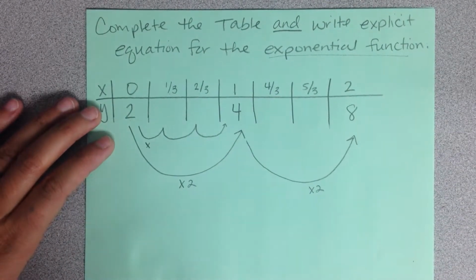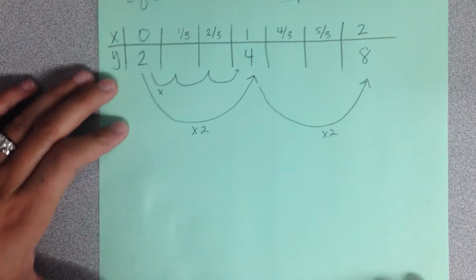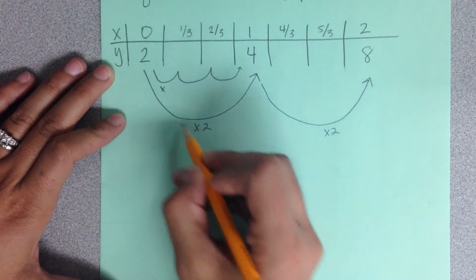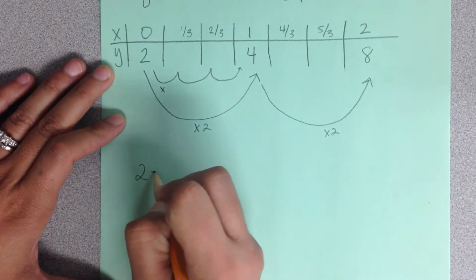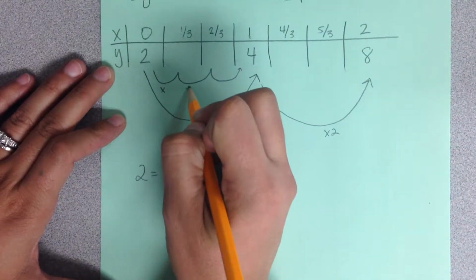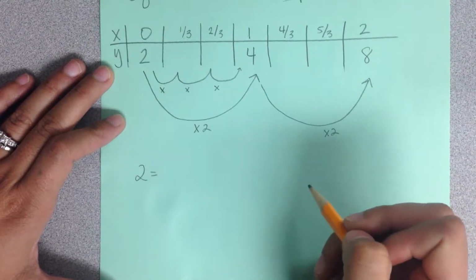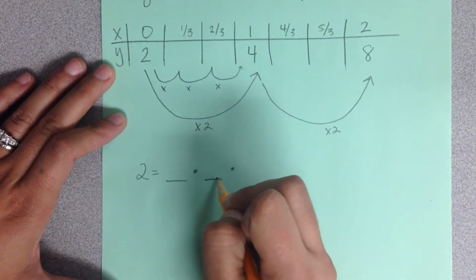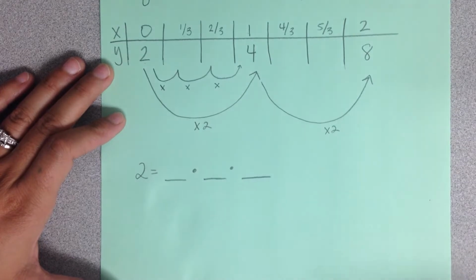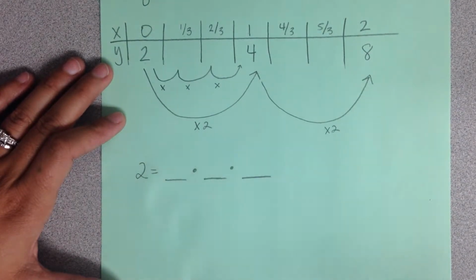I'm going to go ahead and move this up. So we know the whole jump from 0 to 1 is 2. But we have 3 small jumps in between. So there's got to be some number that multiplies by itself, because remember, exponential means it's multiplying by the same number every time.